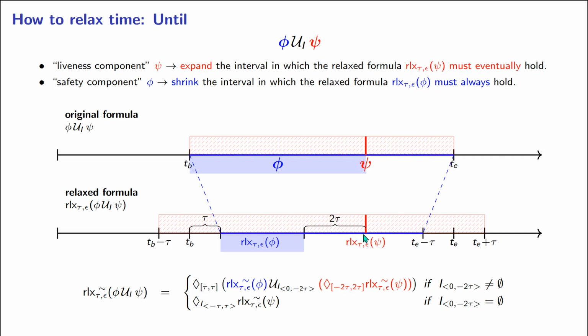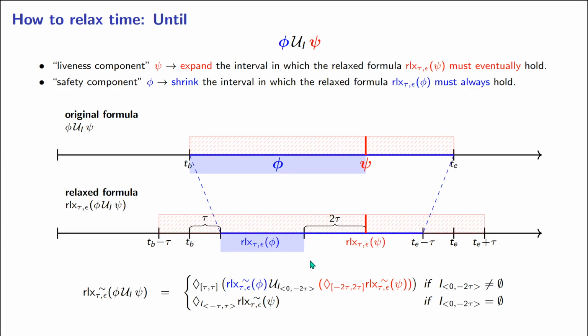And in the corner case, psi may be shifted as far as here by tau to the right compared to the original interval. And then the safety interval is shorter in total by 2 tau compared to the original one. And if psi happens earlier, it is relatively even smaller by up to 3 tau in total.